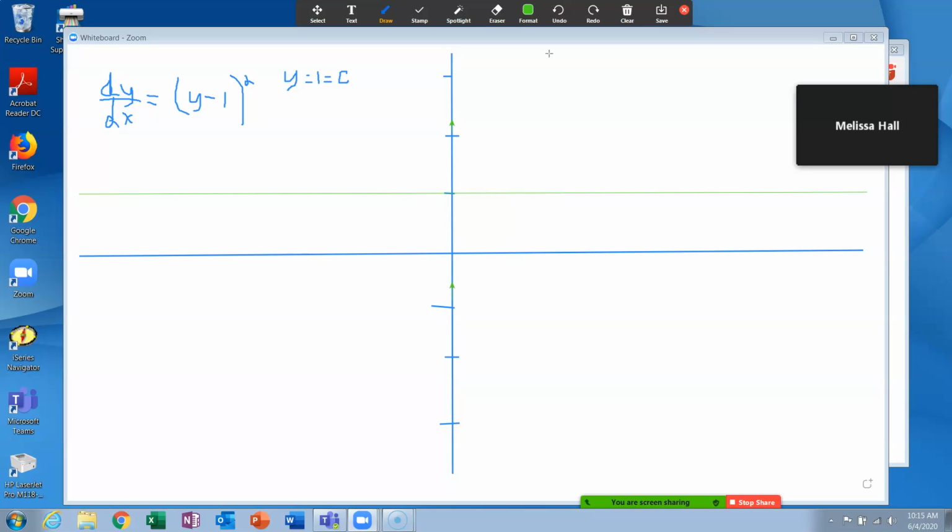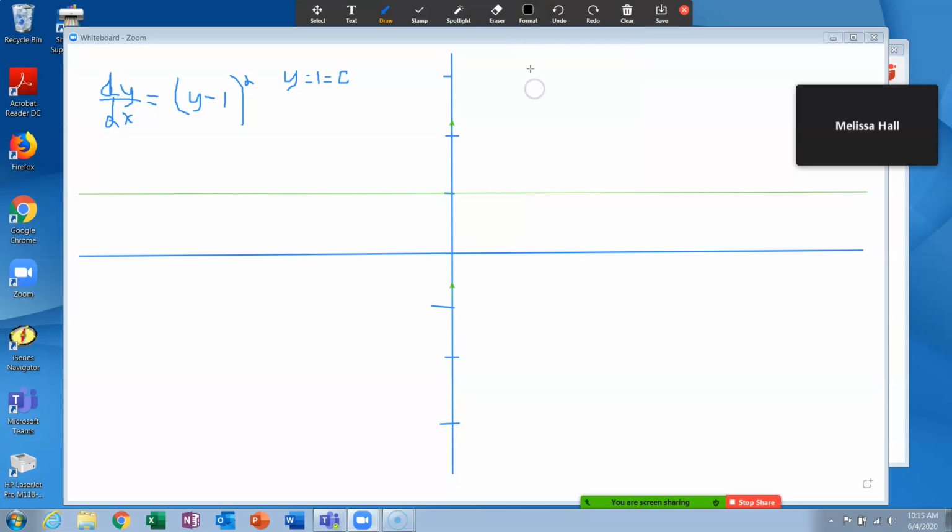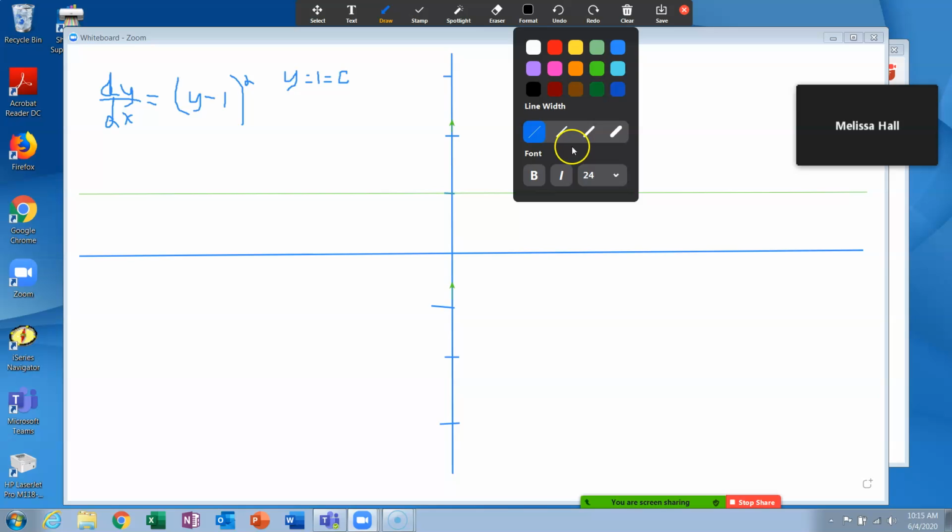Okay. Now, this comes from somewhere, I'm not absolutely sure where. Let me go back to black, we haven't used black, and go back to a regular line width.